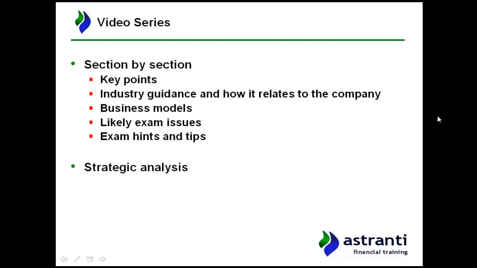We then have the strategic analysis, which is a very focused business model to pre-scene video and presentation. And we have the top 10 most likely issues, which follows up all this information with essentially the top 10 problems that are likely to come up in the exam, with the top 1 to 4 being almost a guarantee that they will definitely be there.